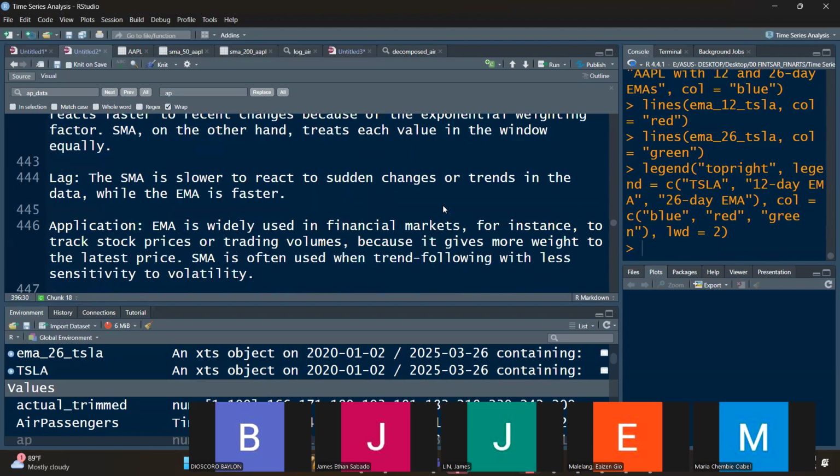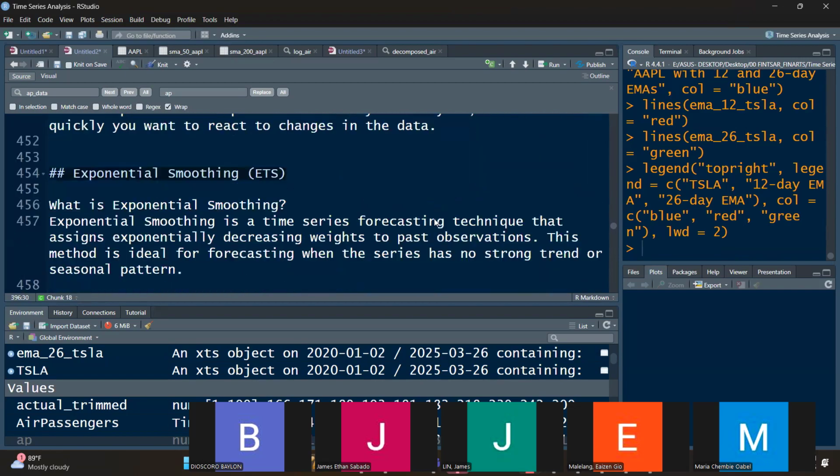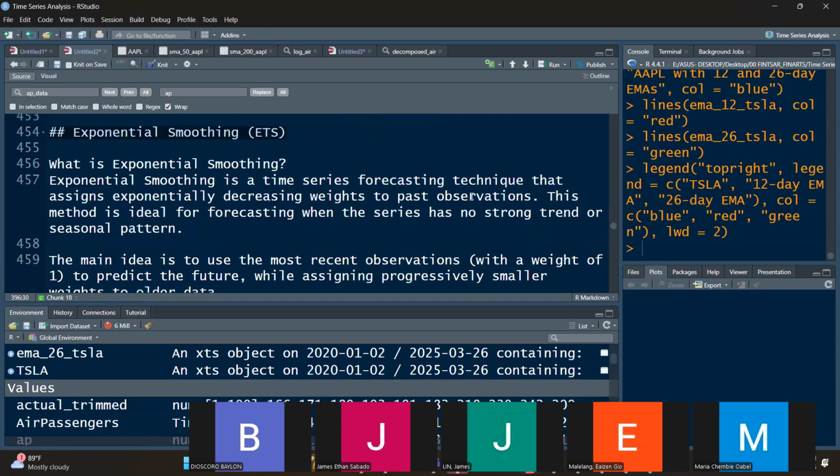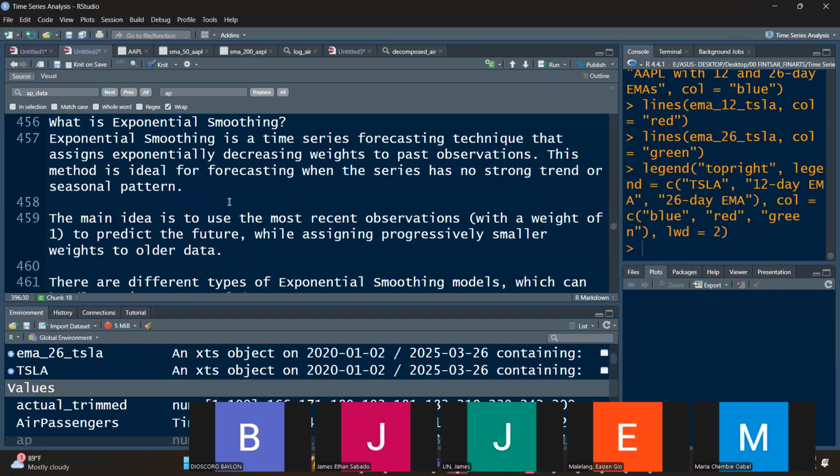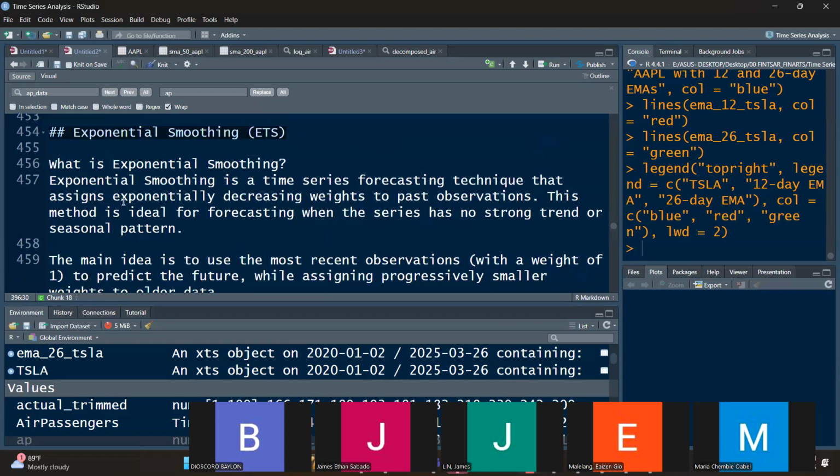Let's now go to class 2. I want us to discuss exponential smoothing. This is relatively more powerful than SMA or EMA. Unlike EMA, which arbitrarily assigns more weight to the most current value, here what we do is exponential decrease.